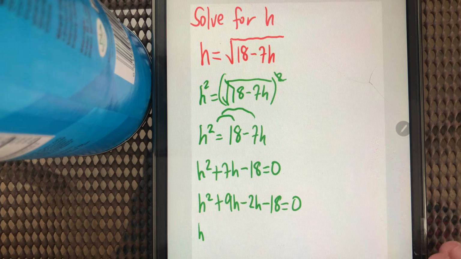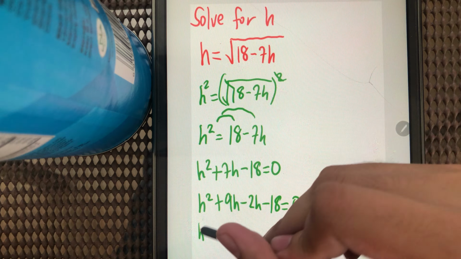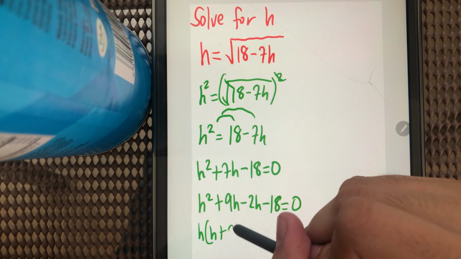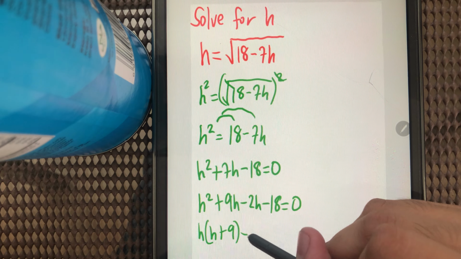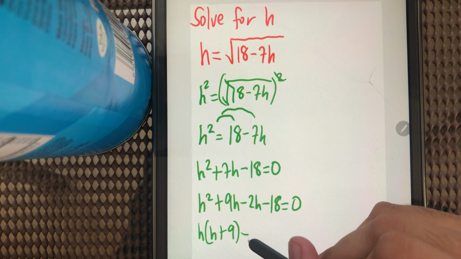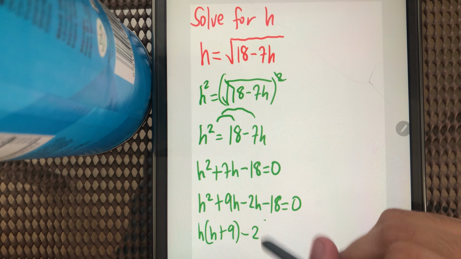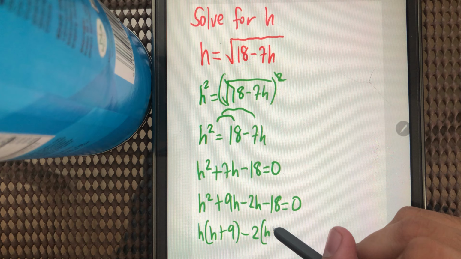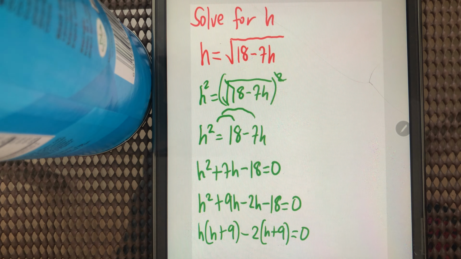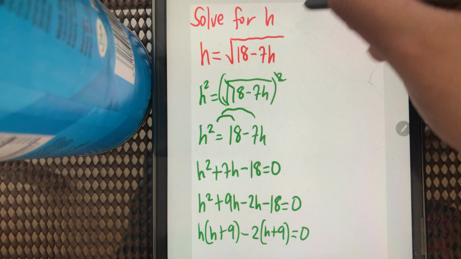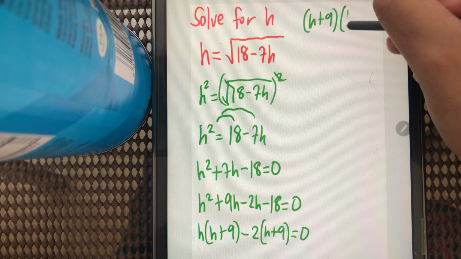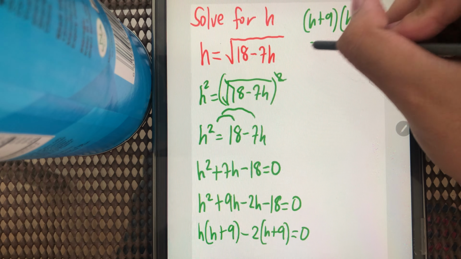We can factor them. h times h plus 9, then minus 2h and 18, 2 is in common. So it's minus 2 times h plus 9 equal to 0. And this becomes h plus 9 times h minus 2 equal to 0.